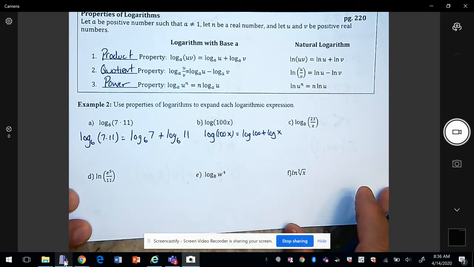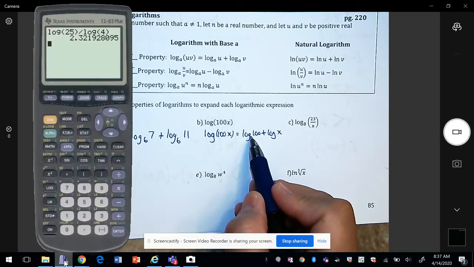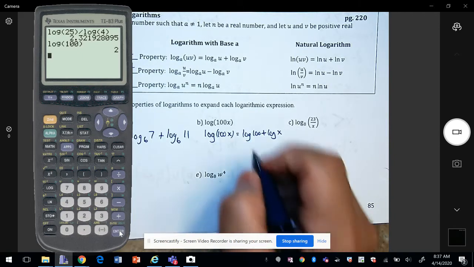However, here for log 100, we can simplify that further. So log 100, you can put it in your calculator since it's base 10. Or you can use the ideas that we learned before.